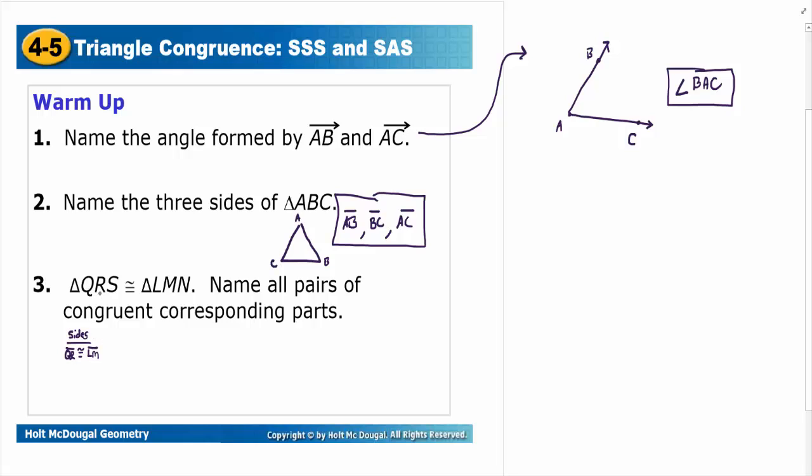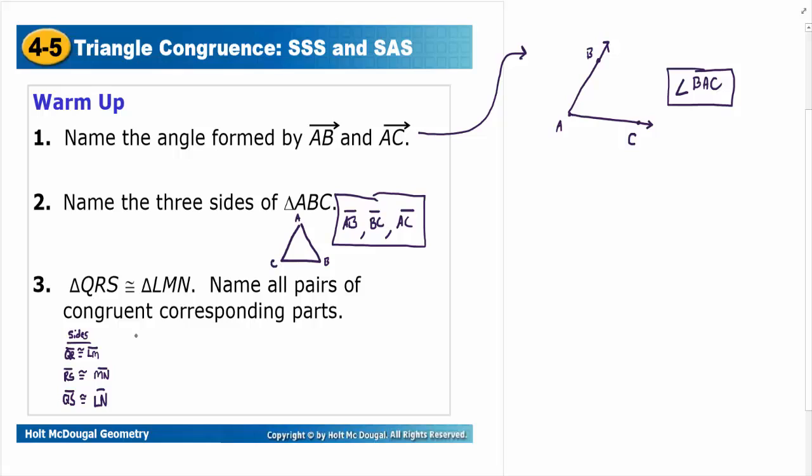So I have QR, and then I'll do RS. So segment RS is going to be congruent to segment MN, second and third points from each one. And then we'll do QS. So QS, not QR. QS is congruent to, again, first and third. First and third is LN.